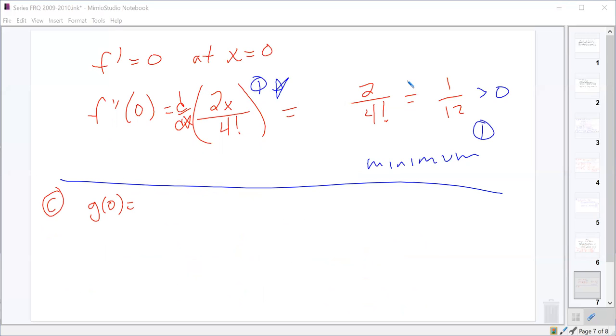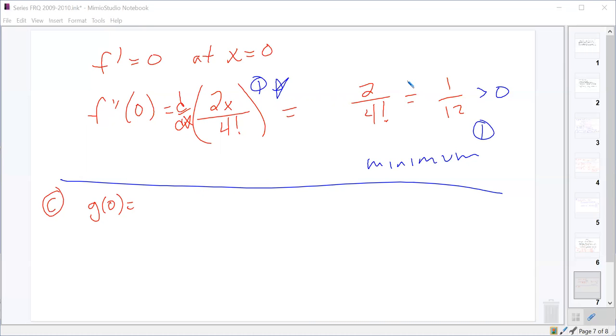If you plug g of 0 in, that should be 1 plus the integral from 0 to 0 of f. What's the integral from 0 to 0 of f?